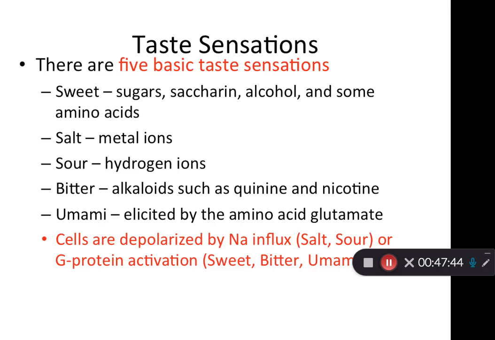Umami taste is induced by amino acids such as glutamate. This amino acid can be detected by the taste buds, and generates a specific action potential to show the umami.